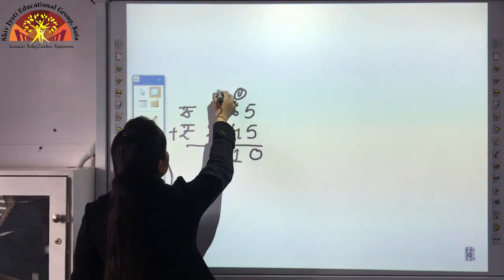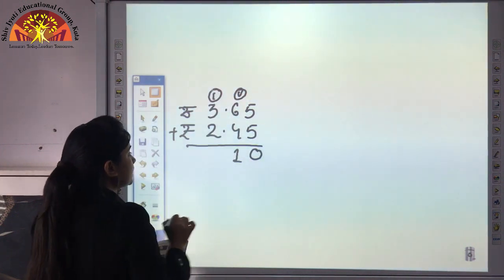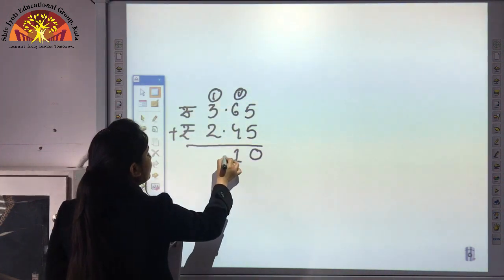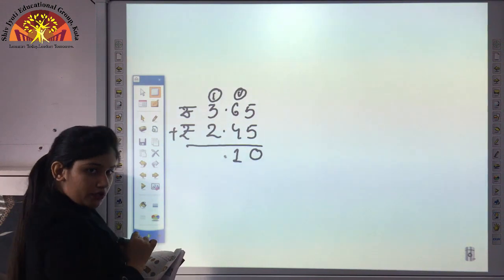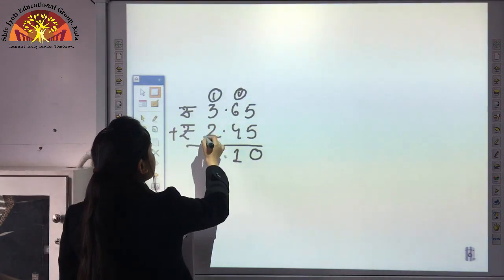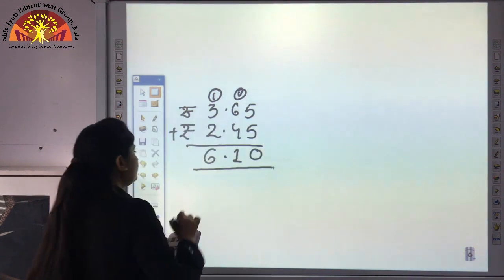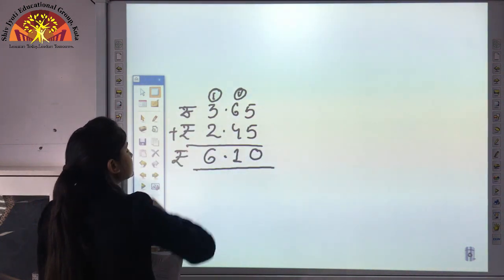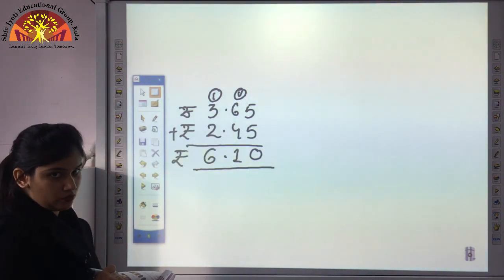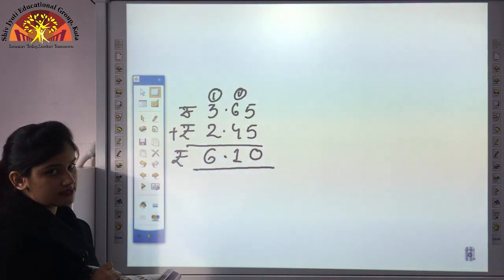So again we have to carry 1. Now we can see dots are coming in the question, so we have to put a decimal, we have to put a dot here also, and 3 plus 2 is 5 plus 1 is 6. So this side we have rupees 6.10. Okay, it means rupees 6 and 10 paise.